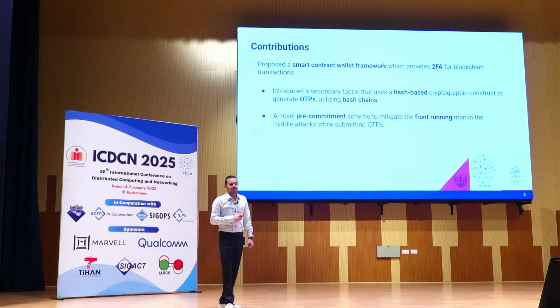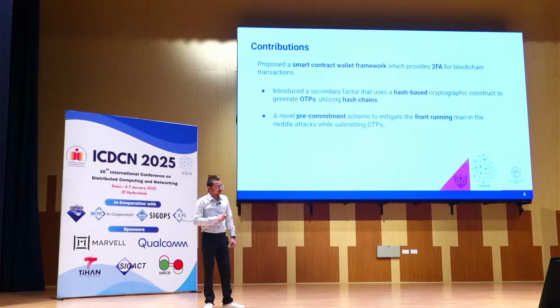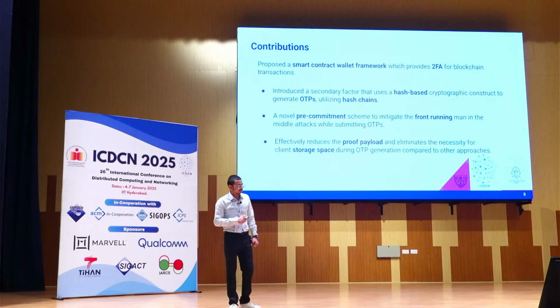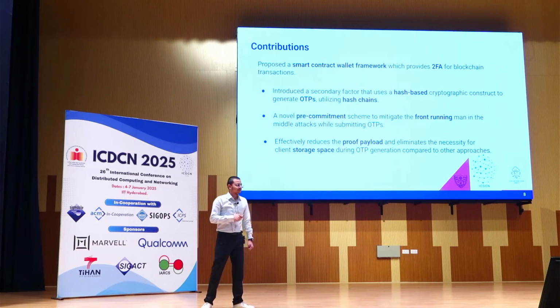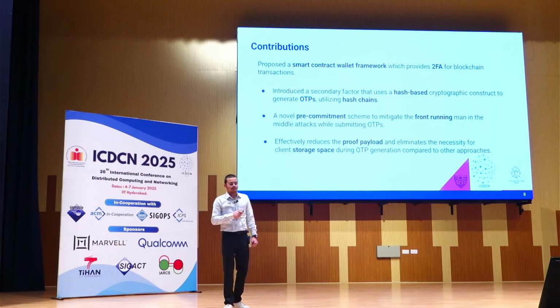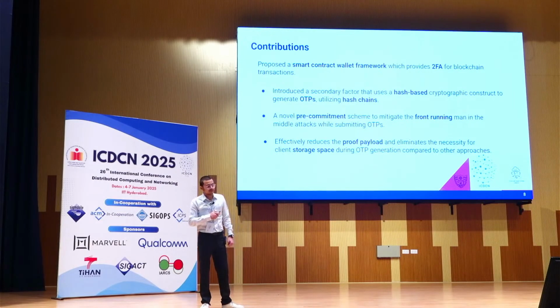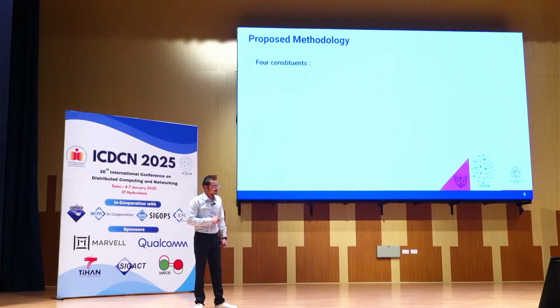To mitigate front-running attacks, we use a novel pre-commitment scheme in which we send the commitment before sending the OTP. After doing all this, we eliminate the need for client storage space, and we also reduce the proof payload while sending the OTPs to the blockchain. We are not adding the proof payload, as done in earlier methods like Merkle trees.